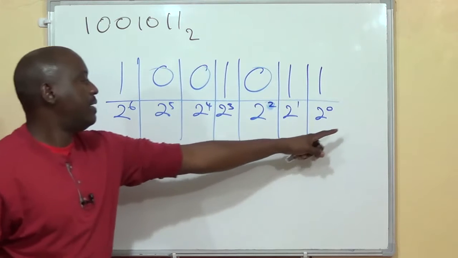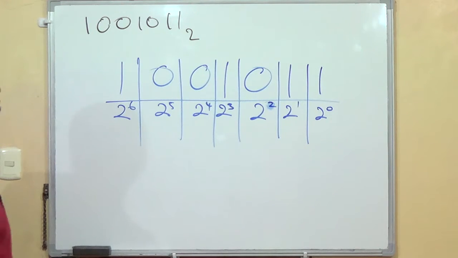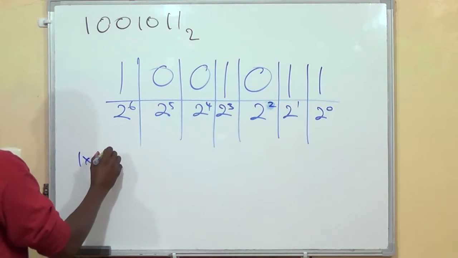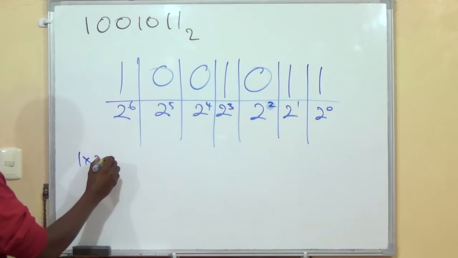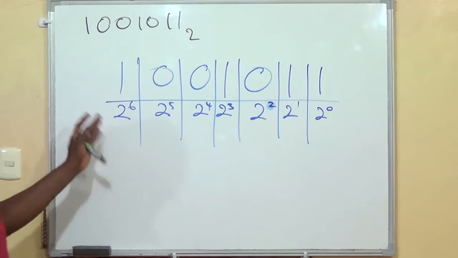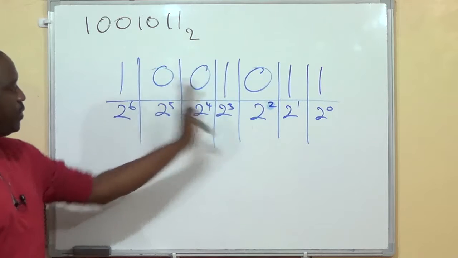So this number will be written then as follows. I'm going to start with the highest power just to keep it consistent. We already have the number written out here, so we know what it means.